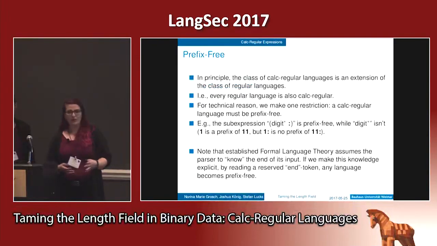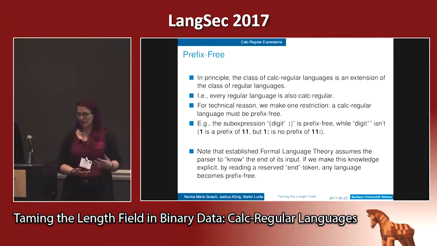So Calc regular languages and expressions are based on regular expressions. In fact, regular expressions are a subclass of them. We only have to make one restriction, that Calc regular expressions always have to be prefix-free. And to be more specific, every sub-expression, like R and T, has to be prefix-free on its own.